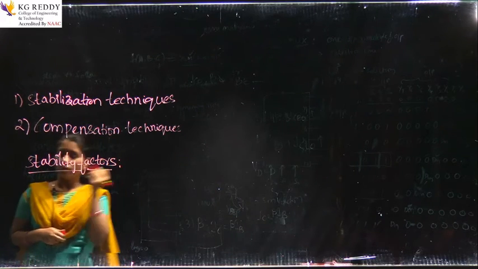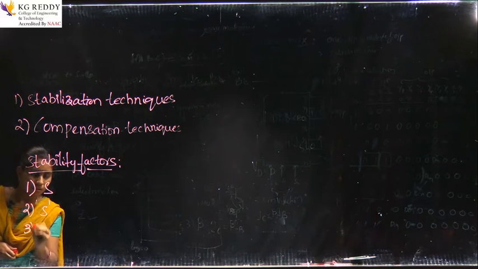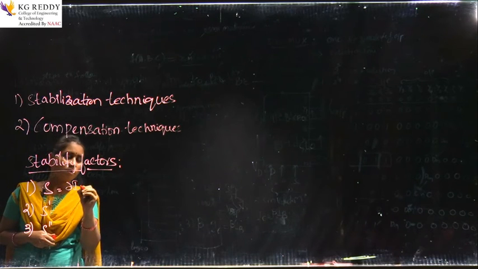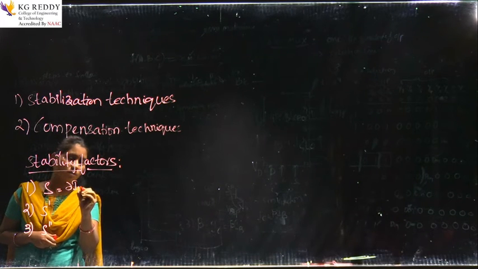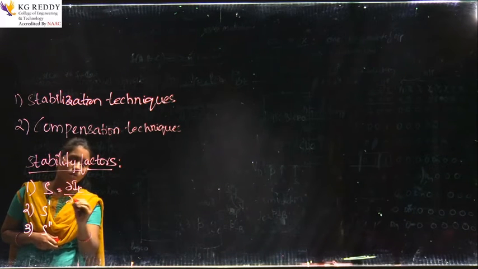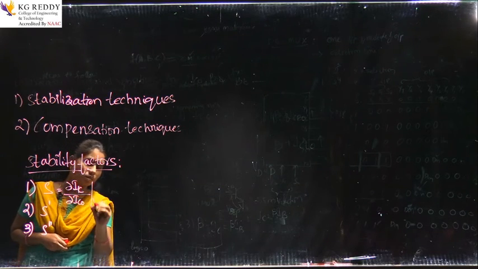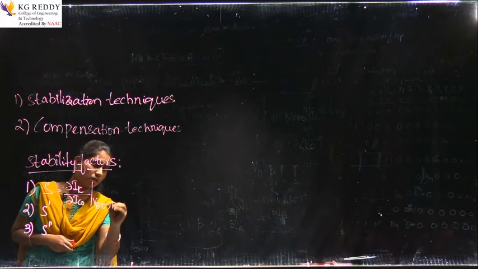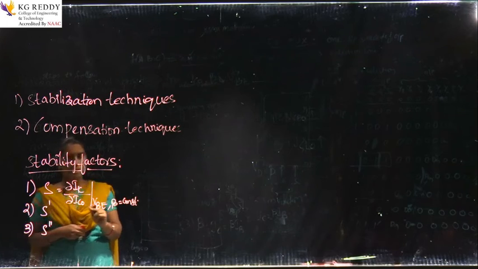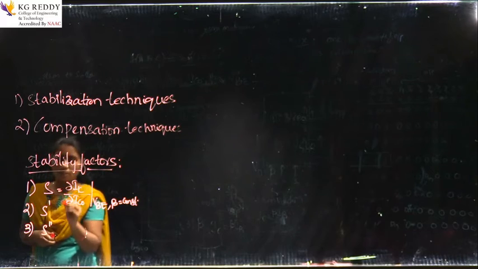There are three stability factors, which are S, S dash and S double dash, where S is the change in collector current with respect to ICO, keeping VBE and beta constant. That means by keeping the other two parameters constant and varying this one, we get the stability factor.